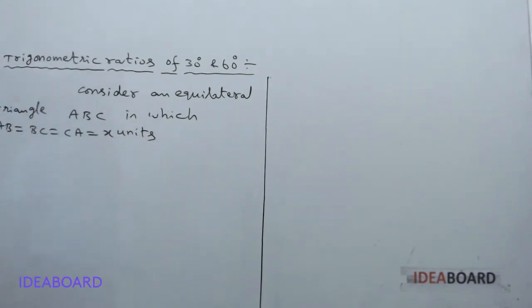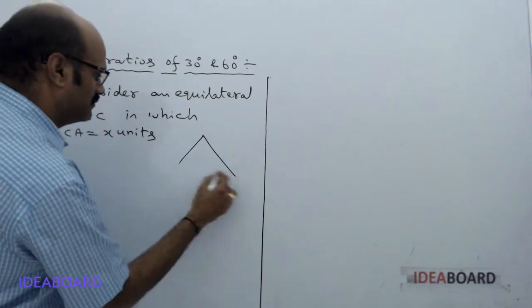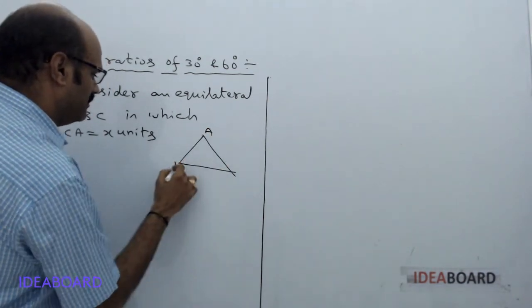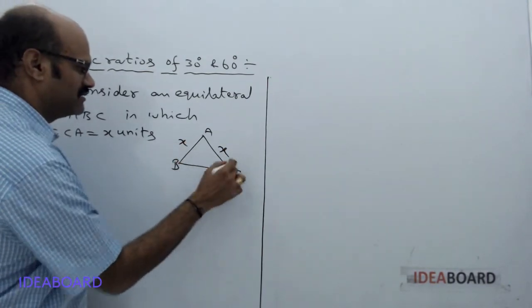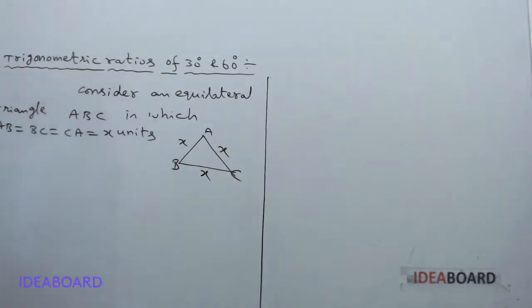Let me take an equilateral triangle ABC here. A, B, C. This length equal to x, this length equal to x, this length equal to x.